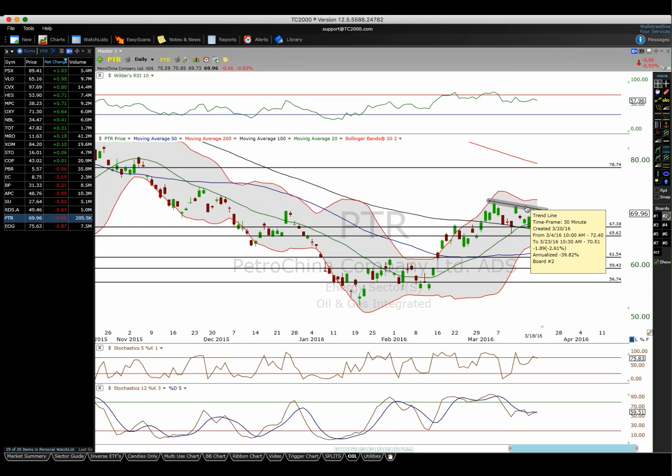Now, on the daily, you can see it's beautifully starting to do its downtrend, but it has a very important uptrend. To get follow through, this line has to break.